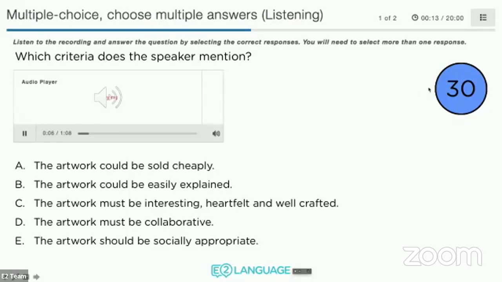You now have 30 seconds to match your notes to the correct answer options.